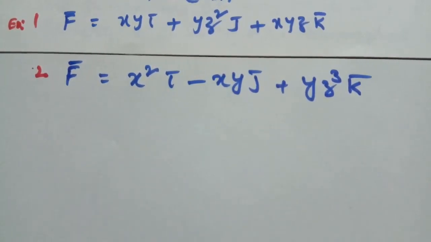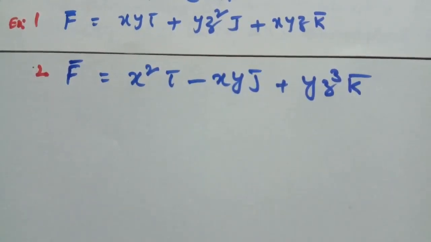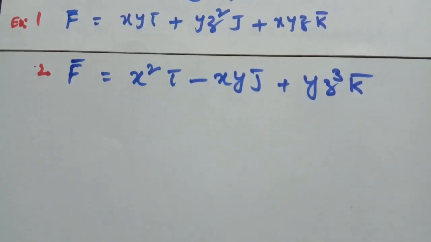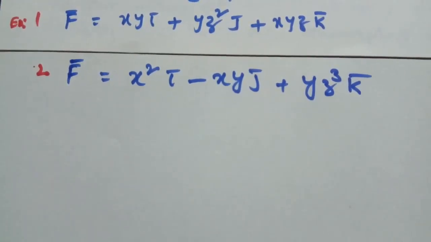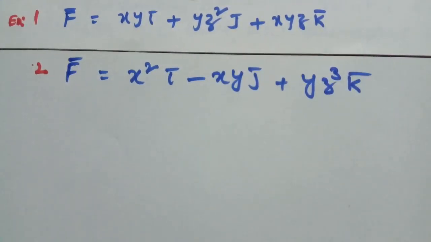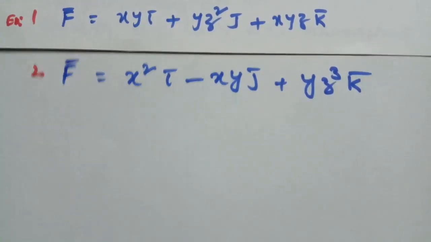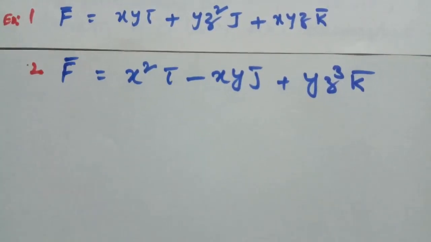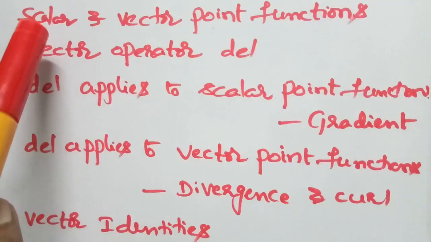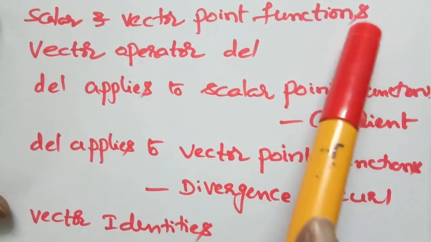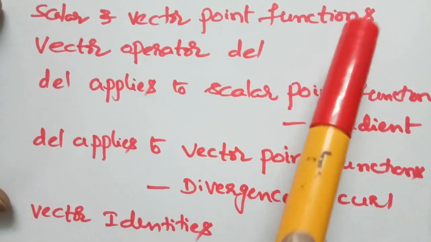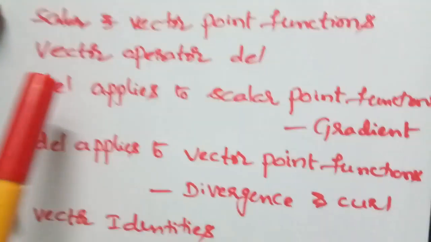For these scalar and vector valued functions, we can discuss the differentiation, that is, vector differentiation. In vector differentiation, what is the first topic in our syllabus? Scalar and vector point functions. We have completed scalar and vector point functions.